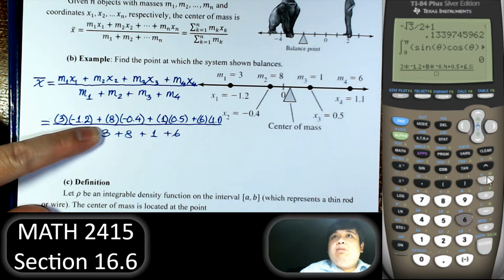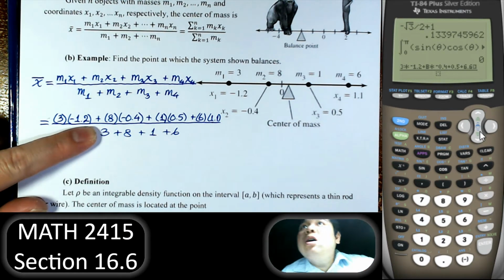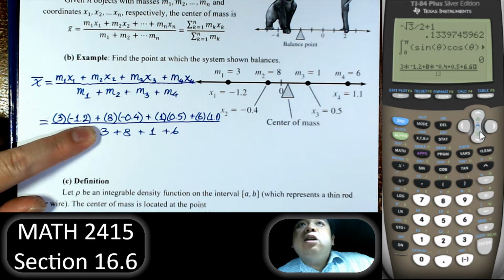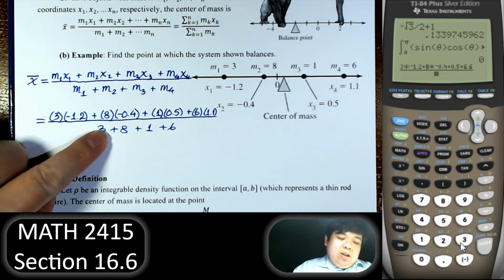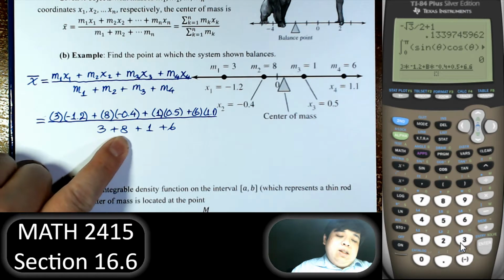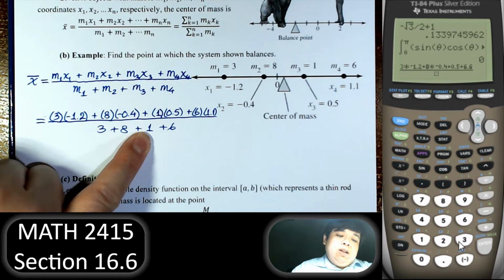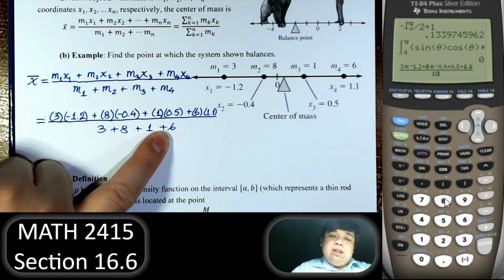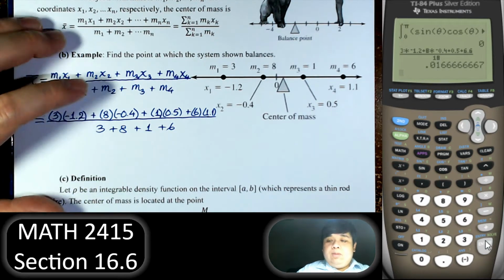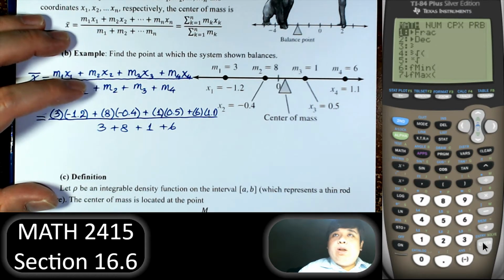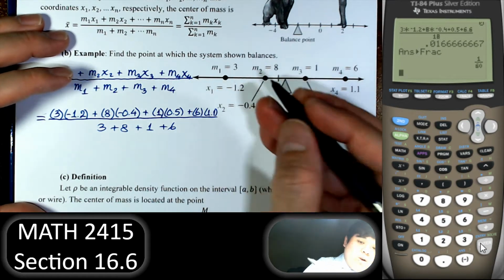Again, just type. And then the total mass 3, 8, 11, 12, 18. Which converts to the fraction 1 over 16.